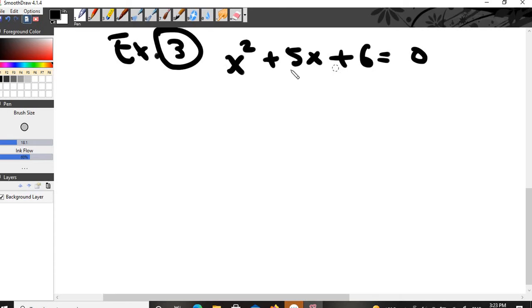So when it's written this way, we have to figure out the constant. So the general formula is going to be x squared plus bx plus c equals 0.